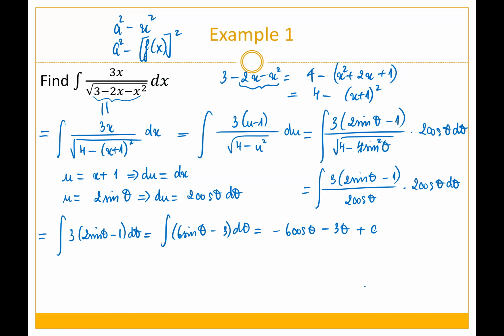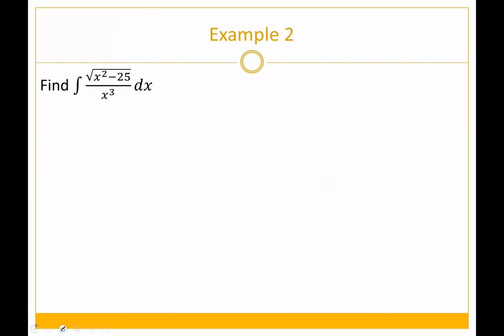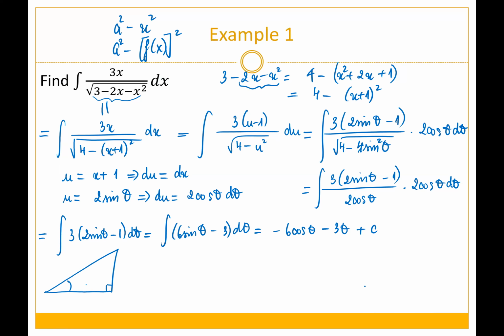The last step is to use the right triangle formula to put it back. So you have this is theta. You have u equal to 2 sine theta, so sine theta equals u over 2. Sine is opposite divided by hypotenuse, so u over 2.